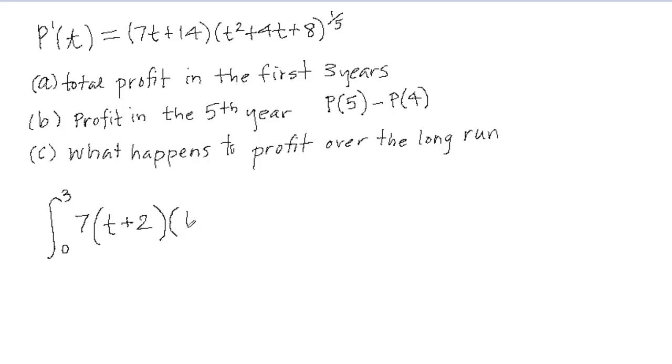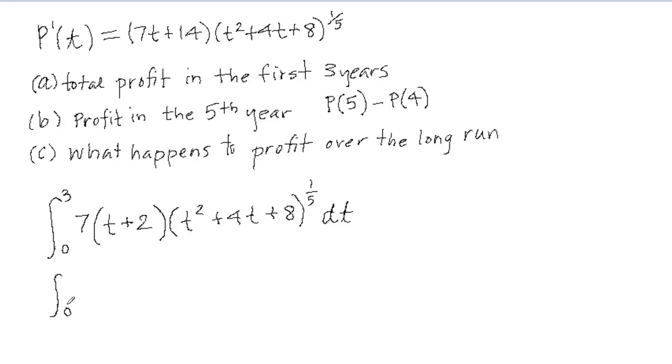And then I've got t squared plus 4t plus 8 to the 1/5. You always have to write this differential dt, or d whatever you are integrating with respect to. So basically, the derivative has been taken, and now we're going backwards. Whenever you have a complicated expression like this, you're going to have to use u substitution.